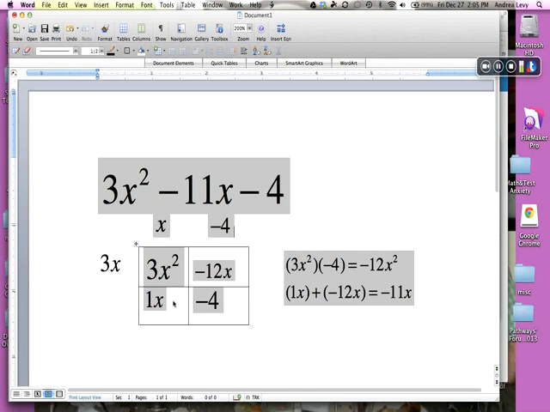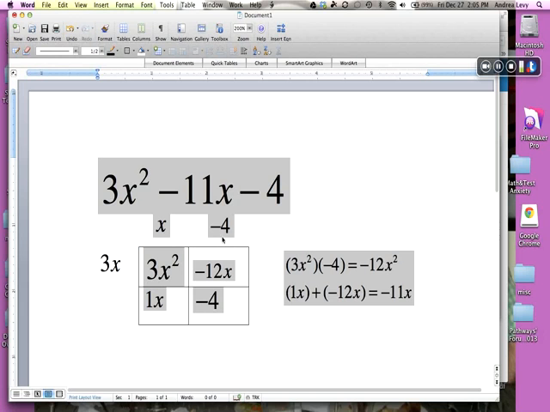Another thing you can do to get this x and this negative 4 is to go straight up the column and look for the greatest common factor. So if you look at 3x squared and 1x, the greatest common factor is an x. And if you look at negative 12 and negative 4, the greatest common factor is a negative 4.